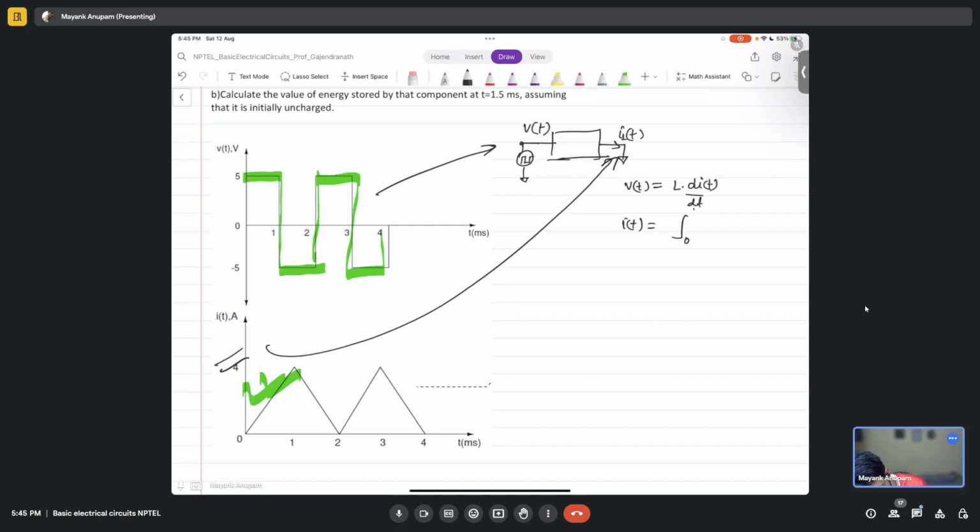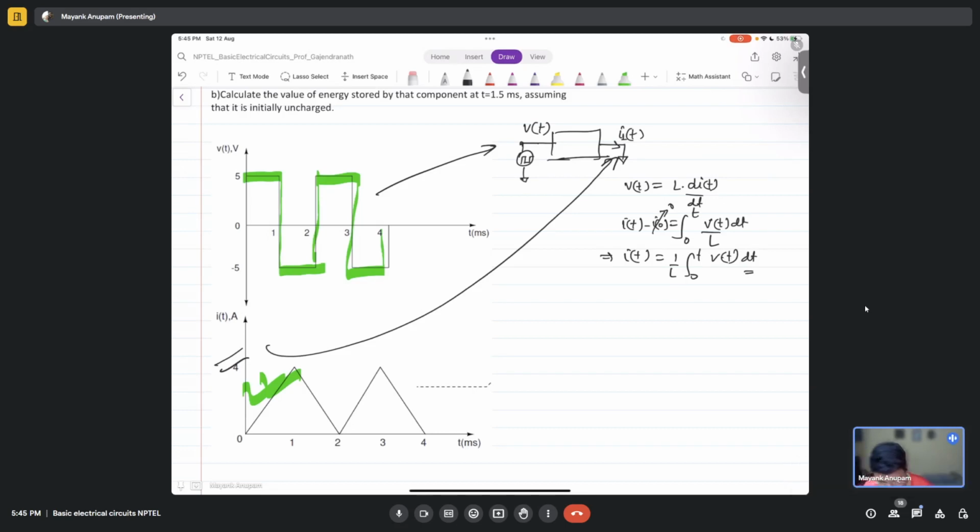The integral, right? Let's assume I of 0 is 0 for a moment. So I of t will be the integral from 0 to t of 1 over L times V of t dt, right?